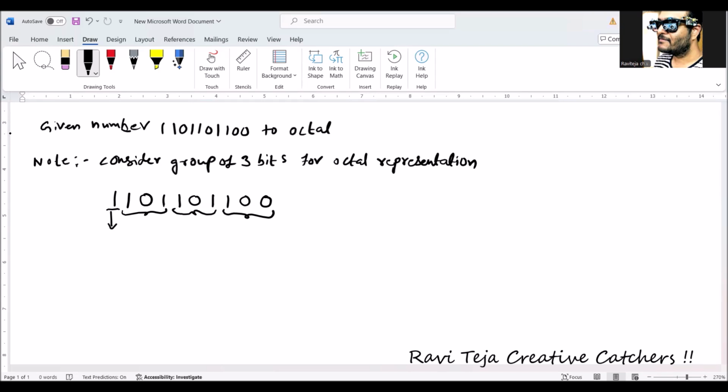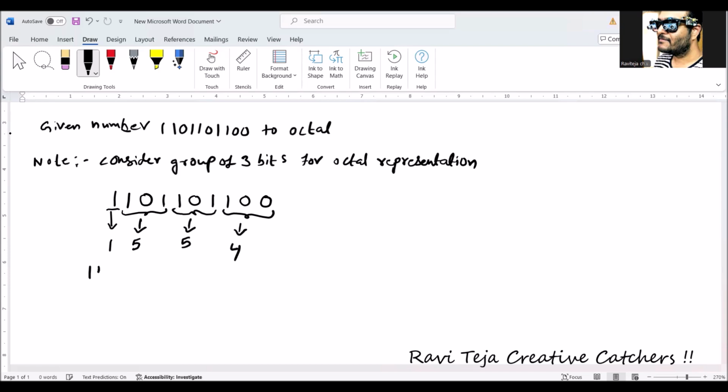So the binary 1 goes to 1. 101 binary will be having 5. Again 101 is 5. 100 is 4. Okay. So this is the answer in the form of octal conversion.